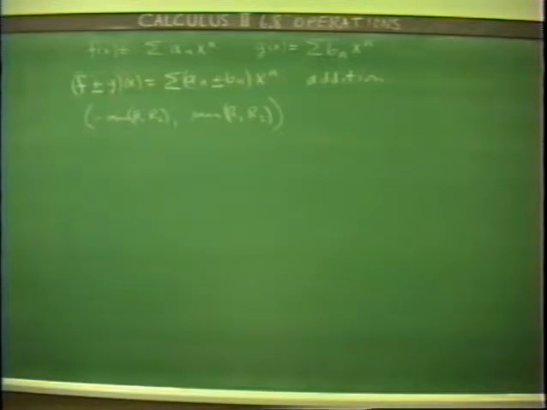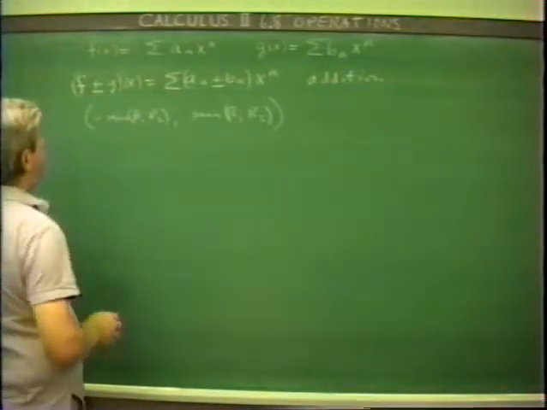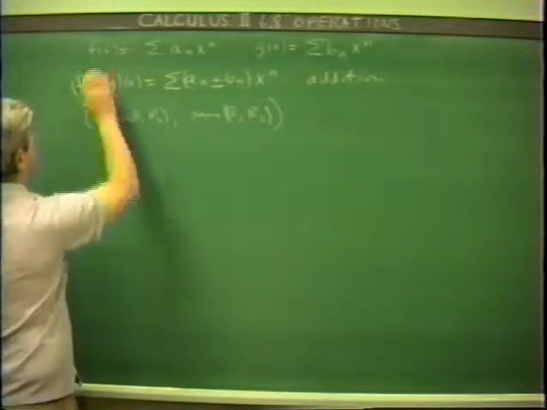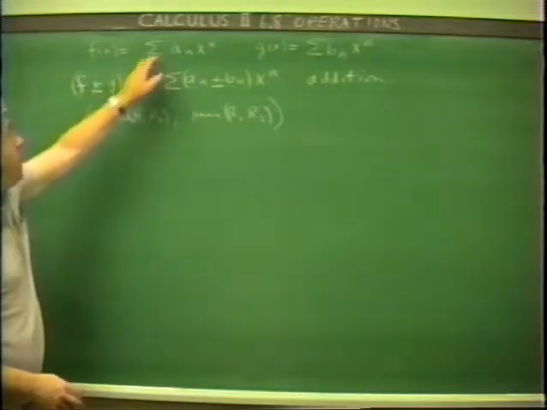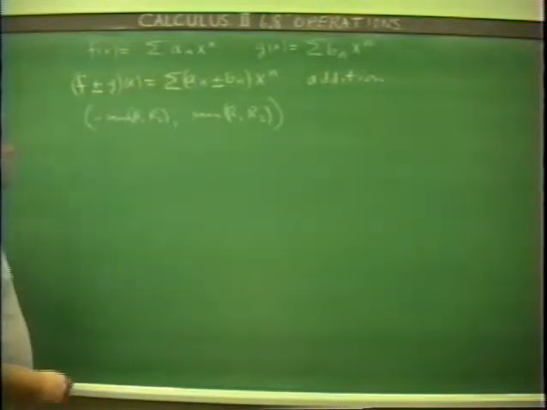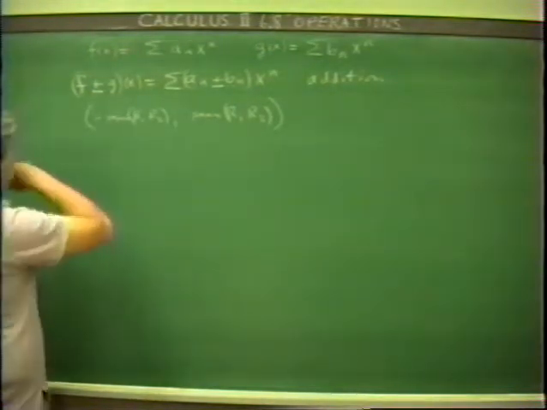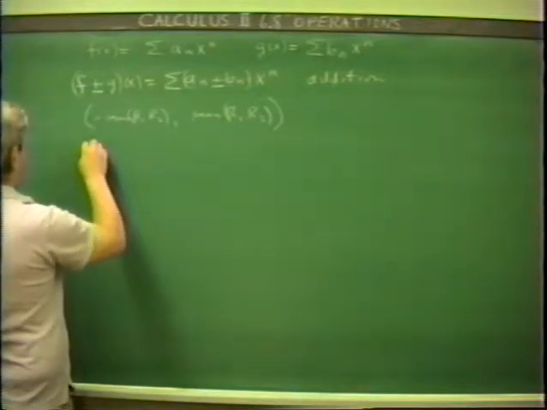All right? Similarly for f minus g. Likewise, you can multiply by a constant and you'll get a constant times f. If this converges to f, then a constant times it will converge to a constant times f with the same radius of convergence.